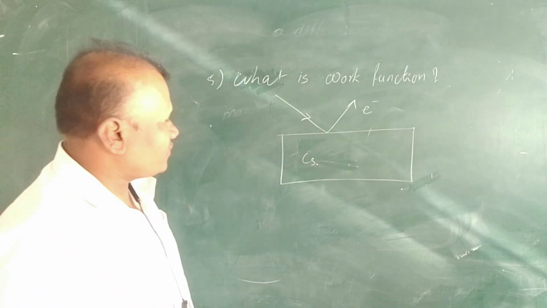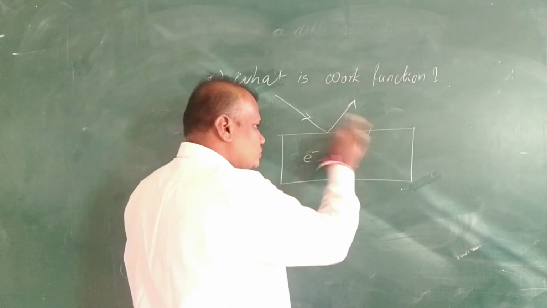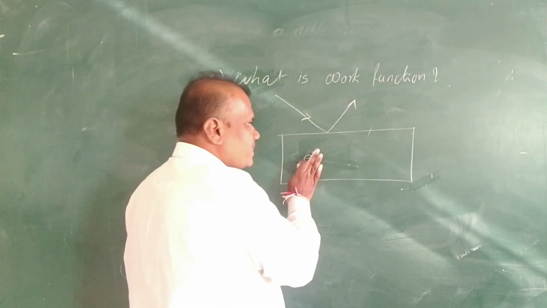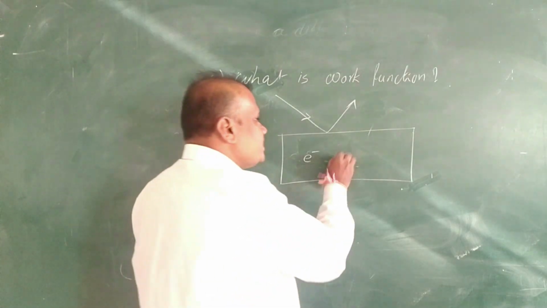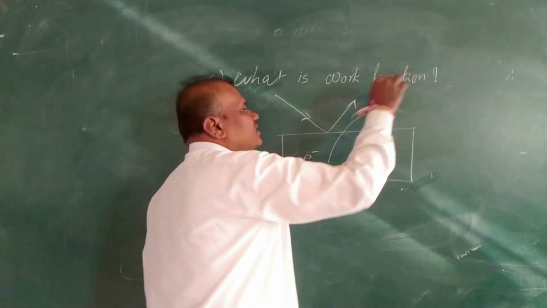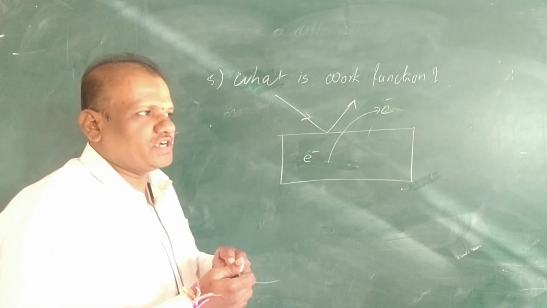So what is meant by work function? Here the electrons are very free, they can move within the material, but they will not have sufficient energy to escape from the material.